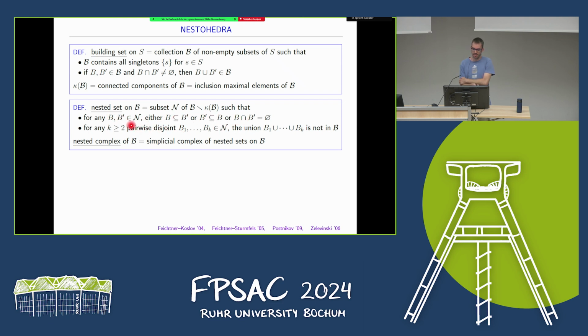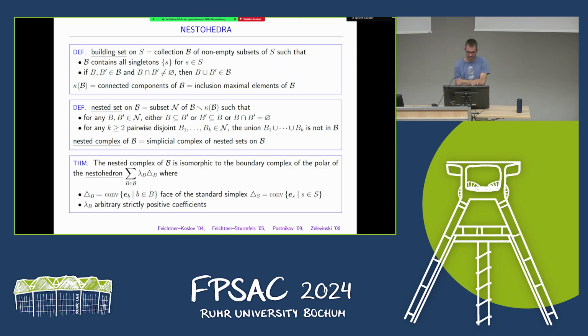And if you take k pairwise disjoint elements in this nested set, then you want the union not to be in B. Okay? And it was proved by Feichtner, Sturmfels, and Postnikov that the nested complex is isomorphic to the boundary complex of the polar of a polytope, which is called the nestohedron, and it's very simple to obtain it. It's just the Minkowski sum of the faces of the standard simplex corresponding to the elements in B.